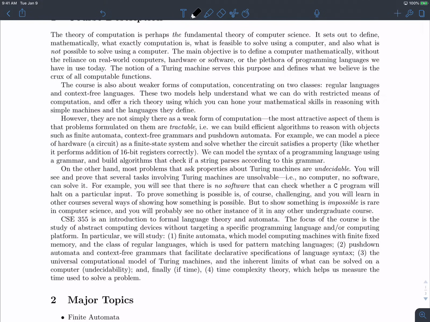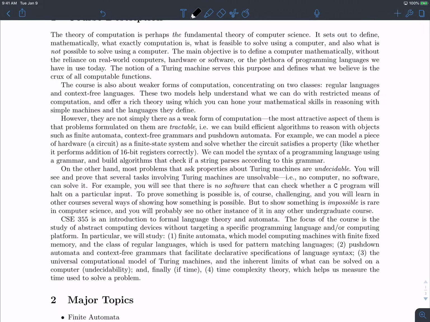So those are the types of questions we'll be answering. We'll start off at a very simple model, prove some things about this model, solve some things using this model, and then show that there are some things you can't solve in that model. Then we'll add some more power onto it to make it more capable, but we'll be sacrificing some problems that we can solve along the way.